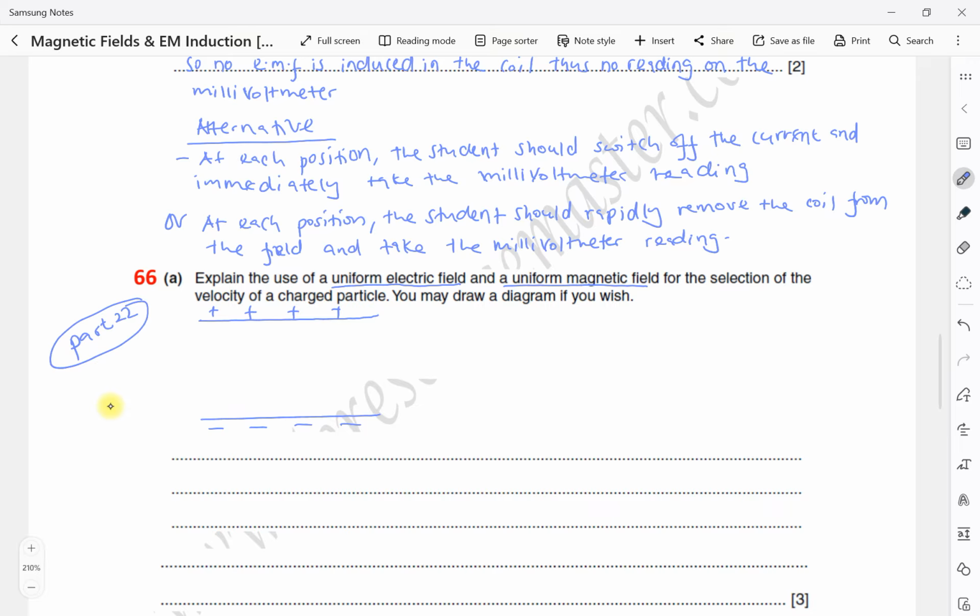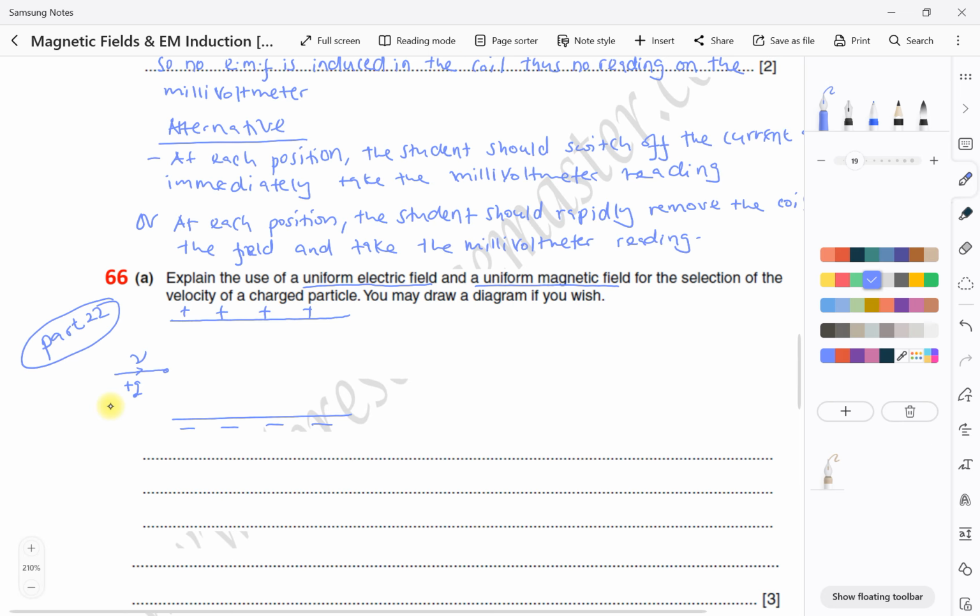Let's say the particle enters from this side with a velocity v, and the particle is positively charged. The positively charged particle is easier to deal with when it enters the magnetic field. So the force due to the electric field on a positively charged particle is going to be downwards.